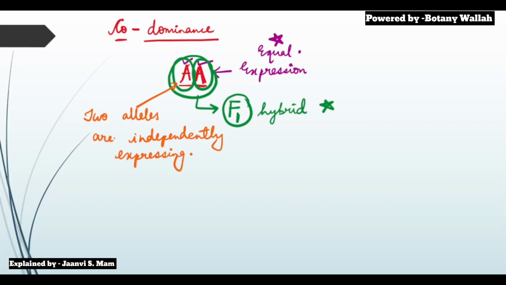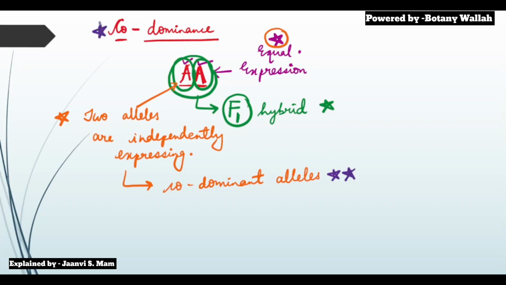Such alleles which express independently, with equal expression, are known as co-dominant alleles. We say it as co-dominant alleles.